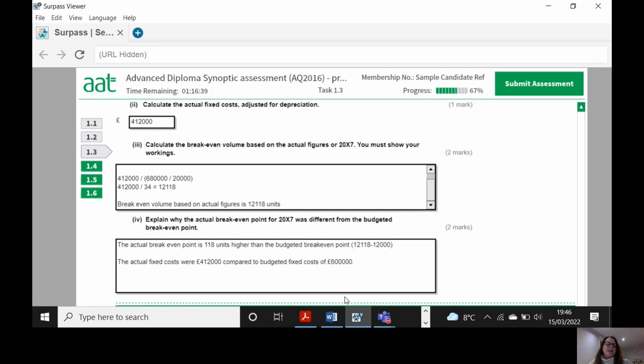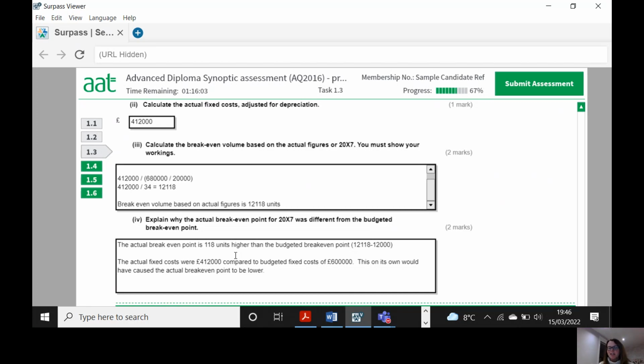So if actual fixed costs are lower, that would actually have meant that our break-even point was lower because we would have obviously had less fixed costs to cover. So this on its own would have caused the actual break-even point to be lower. Right, so that's not what's caused it to be higher.